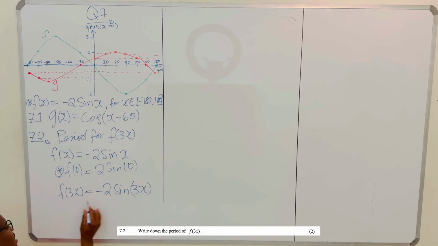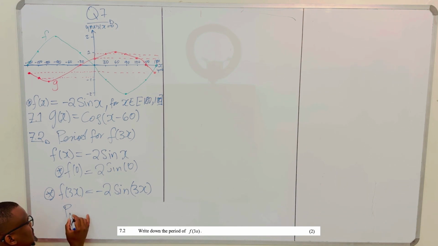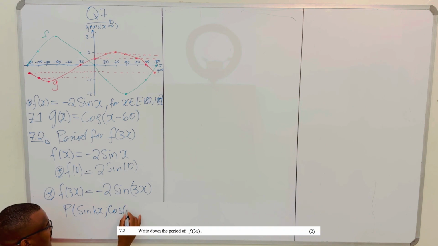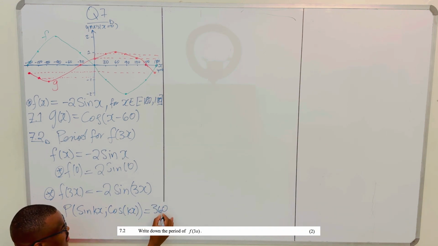So they want you to find a period for this thing here. Right? So, as you might know by now, if you want a period for something like sine kx, or cos kx, it is always equal to 360 divided by k.